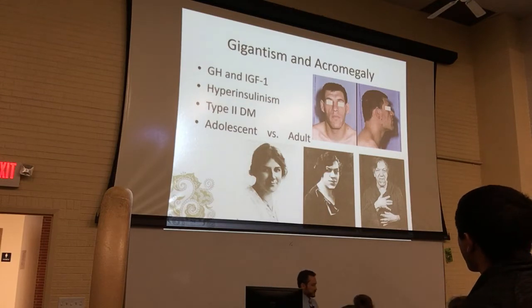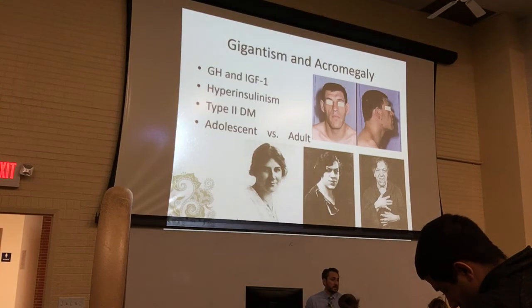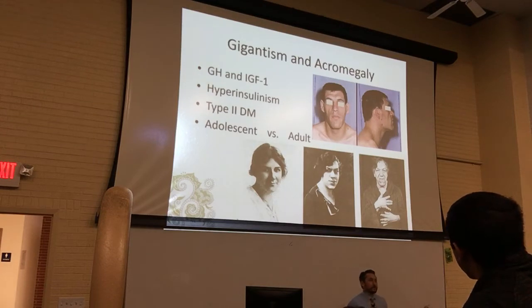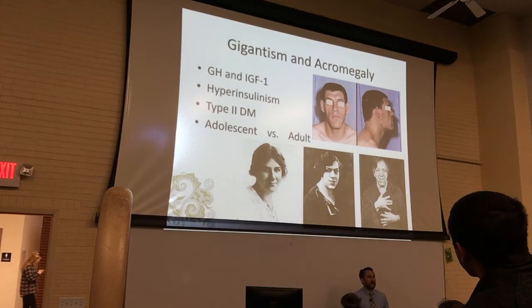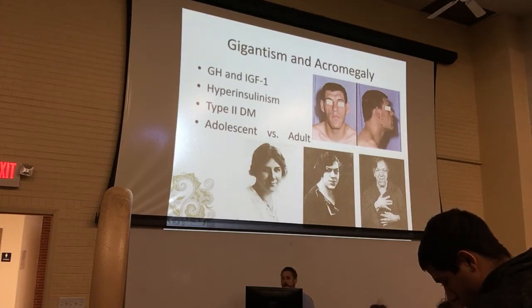So when I was growing up, there was this famous fake wrestler called Andre the Giant, okay? And he had growth hormone excess due to pituitary giganticism. He had hypersecretion of growth hormone.